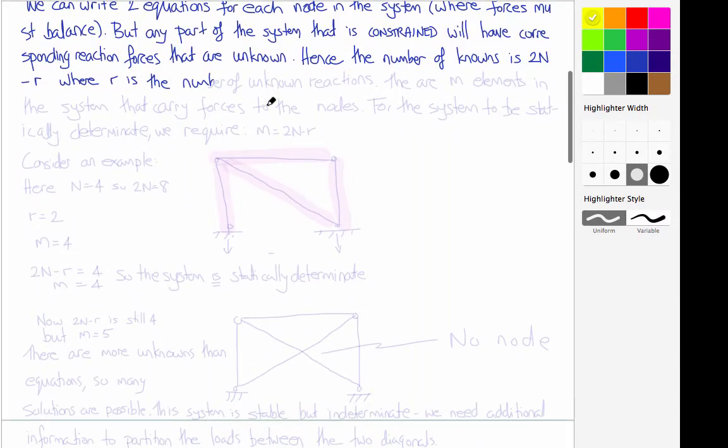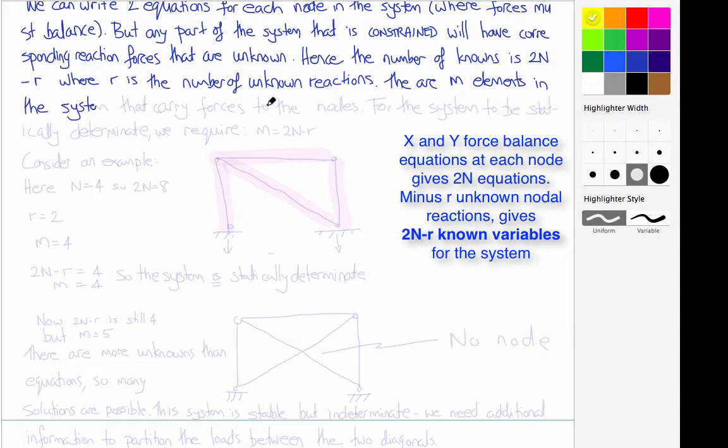So we'll call the number of knowns 2n, where n is the number of nodes, and the number of reactions to be r, so that the net number of knowns in the system is 2n minus r.